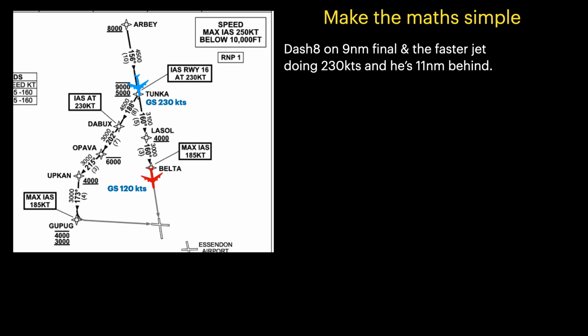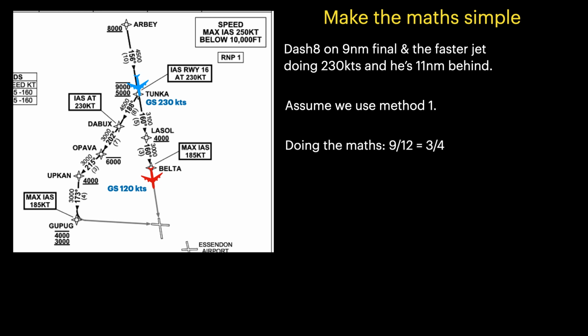You can see from Tunka to Leysol is 5, and then from Leysol to Belter is 3, that's 8, and then a further 3 miles from Belter to the red aircraft, because he's on a 9 mile final. 9 and 3 is 12, which is your distance from Belter to the runway. So let's say we use method 1. Let's do the maths.